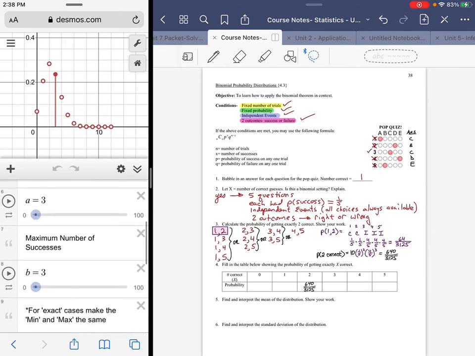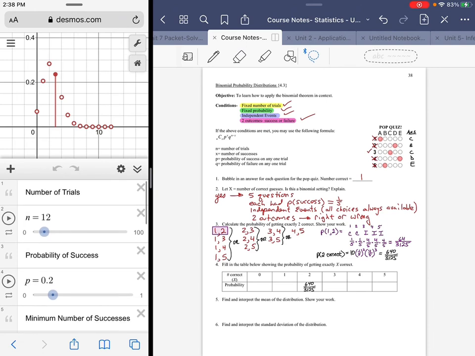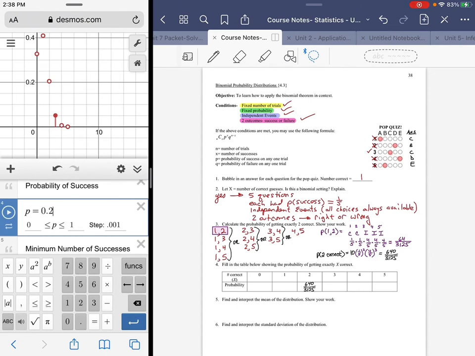But what I'm going to do is toggle these values so it's consistent with the problem that we're working with. So there are 5 trials. Probability of success is 1 out of 5, which is 0.2. It's kind of a cool visual to slide it, but to get to the 0.2, you could just tap into the field here and type the number in.